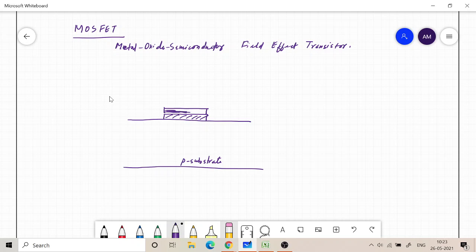Okay, so this is almost like our MOS capacitor. Now comes the difference. This is our gate, and this is our body. Okay, so this is our MOS capacitor. Now what we need to add in addition is basically 2 N plus regions.